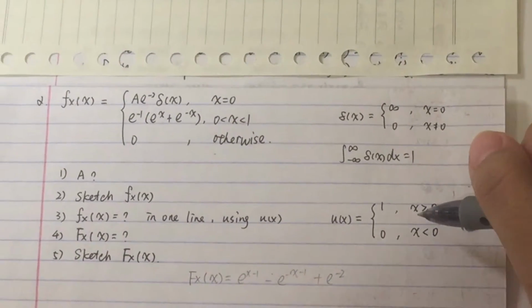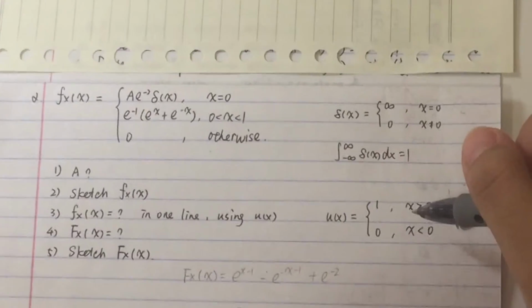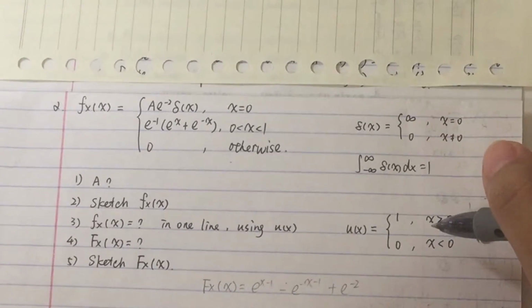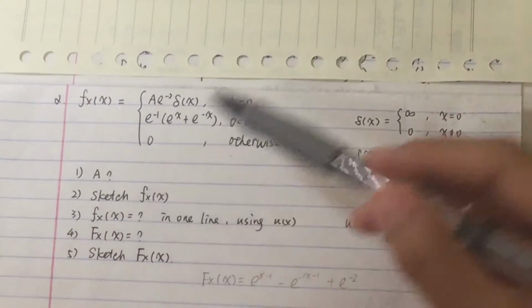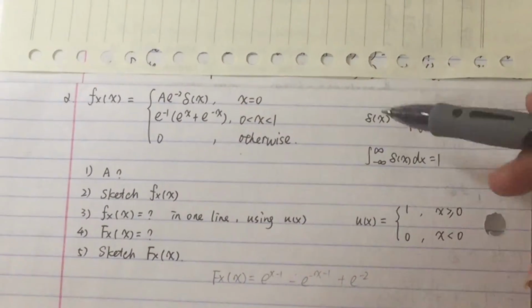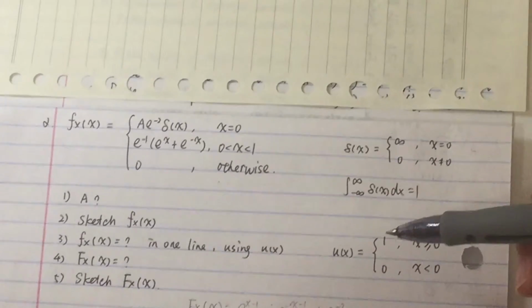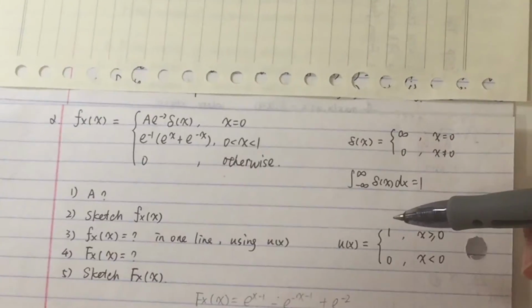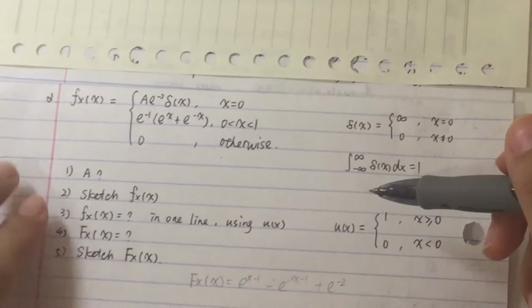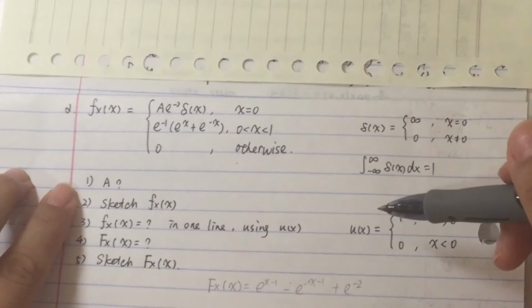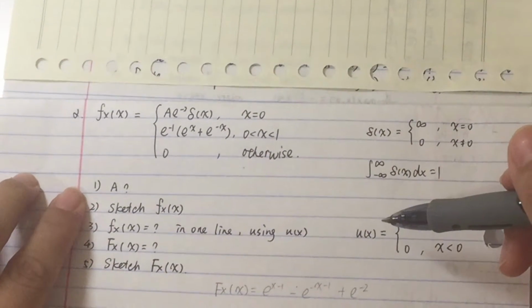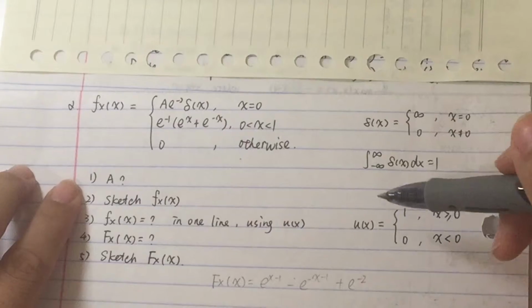Okay, let's focus on the second question. Given the density function fx expression, we solve these 5 small questions. Let's do the first one. To find the a so that density function fx is a valid density.